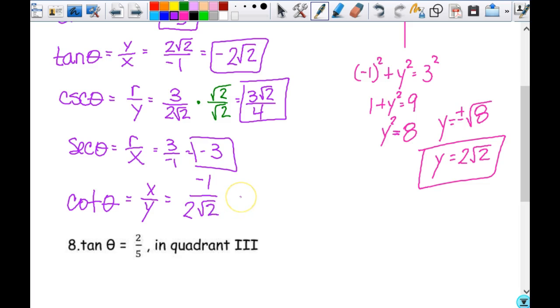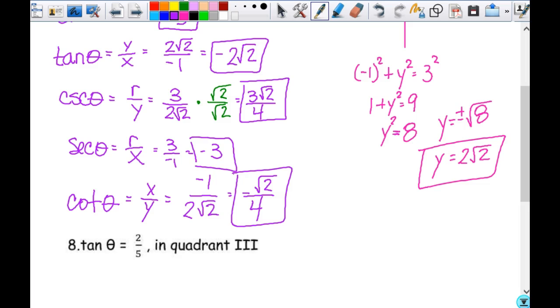So again, I rationalize, right? And that's going to give me the negative, what? Square root of 2 over 4. Everybody okay with that? Yes? Had y'all gotten to these problems on your homework yet? Or not? Okay. So, does this help a little bit?